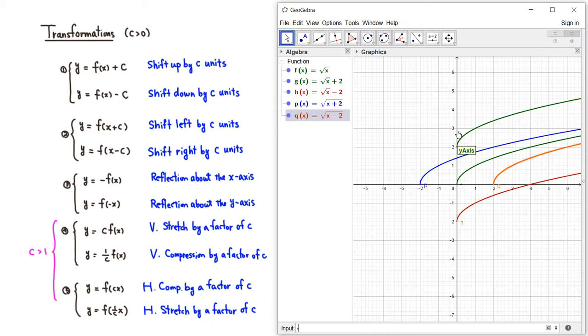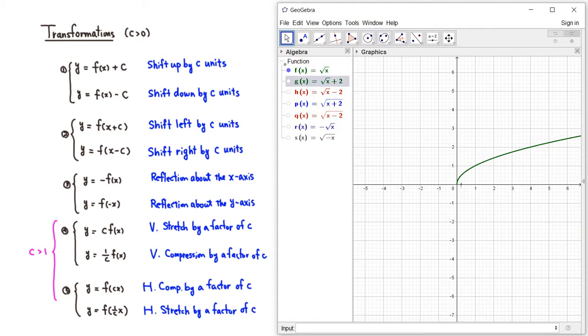Let's put the negative sign in front of f of x. You can see that it's reflected about the x-axis. If you put the negative sign inside with x, you can see that it's reflected about the y-axis. It gets a little bit messy here, so I'm going to hide these so that we can see a little better.